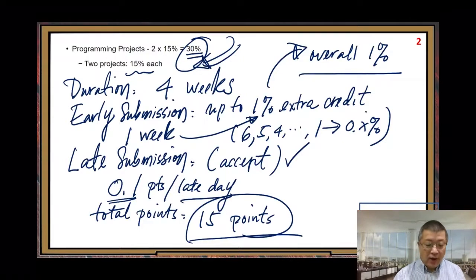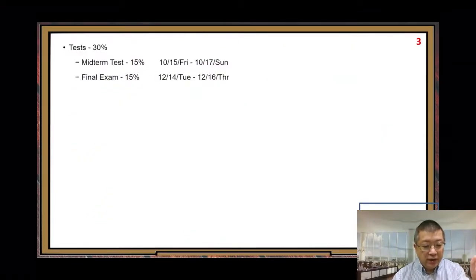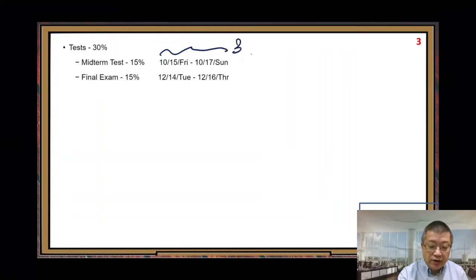All right. So that is the programming project item. Next, test item. The dates I already set here. So you can see 3 days for midterm and final.